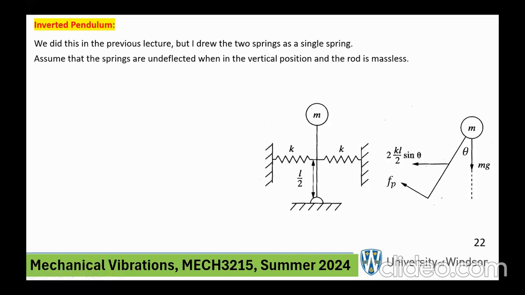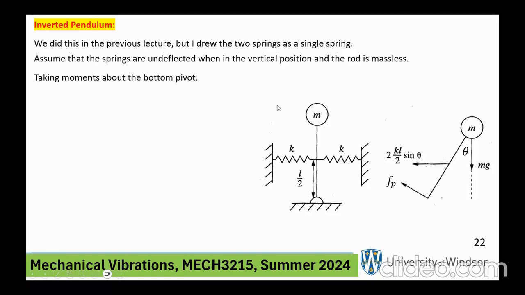But if theta is small, sine of theta is approximately theta, and we're going to approximate that in a few seconds. And of course, there is a force due to the reaction here, but that's fine. We're going to take all the moments about this point. That means we don't have to know what Fp is, because the moment of Fp about this point is 0.